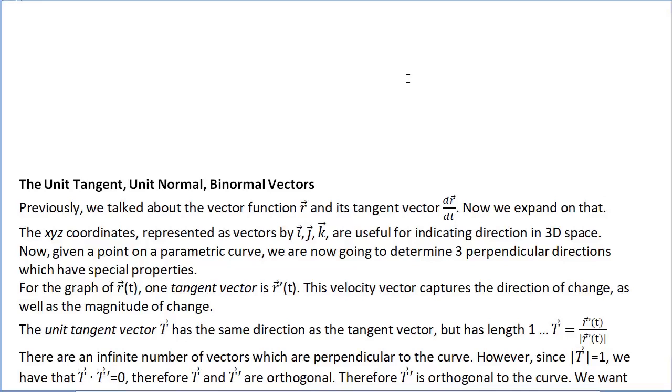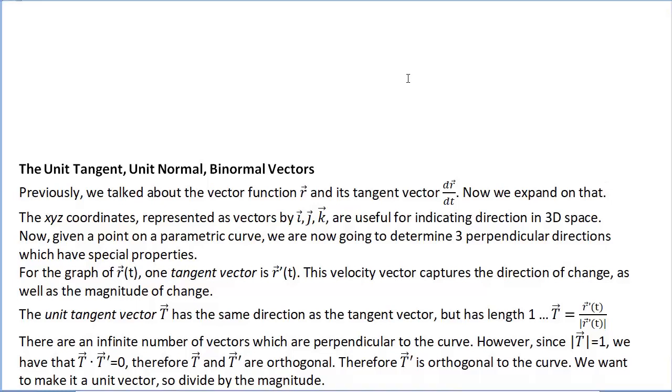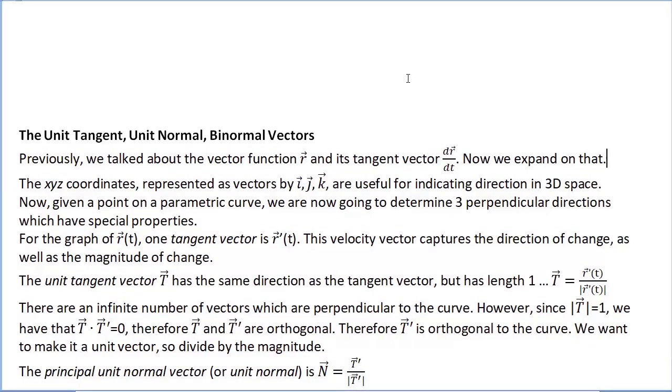So the derivative of the unit tangent vector is orthogonal to the curve. Because we want pure direction, we're going to make it a unit vector, so we divide by its magnitude. This is called the principal unit normal vector, or generally we just call it the unit normal, and that's big N, which is the derivative of the unit tangent vector, big T, divided by its magnitude.